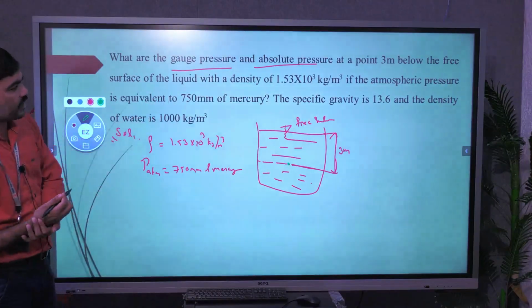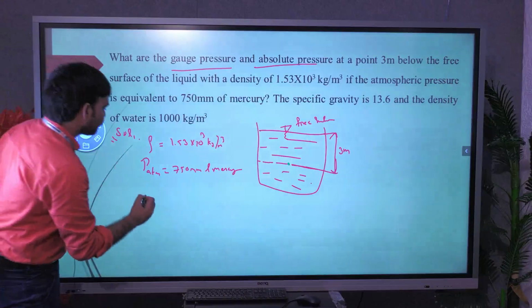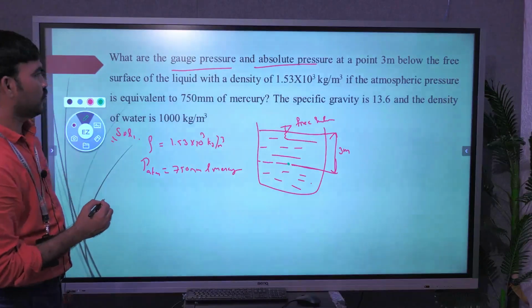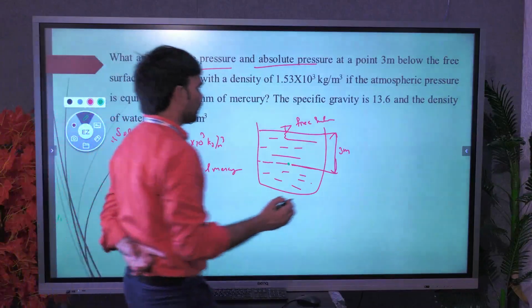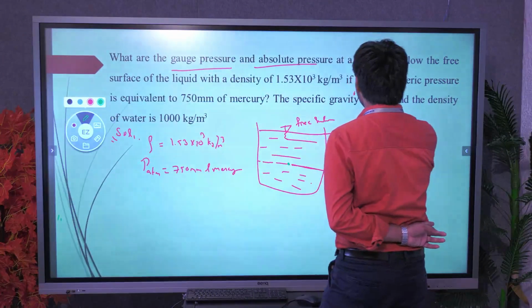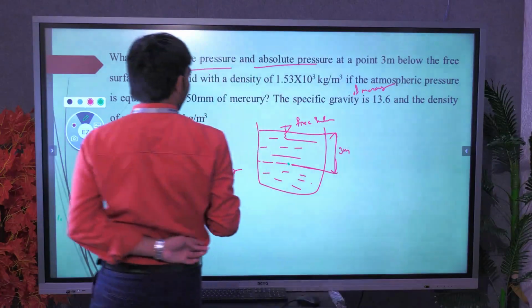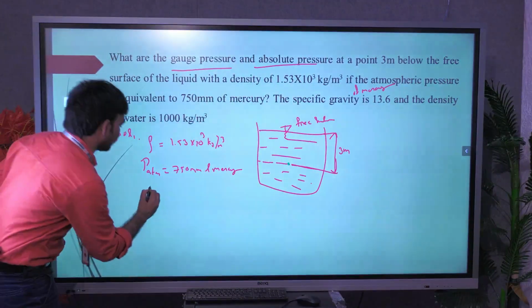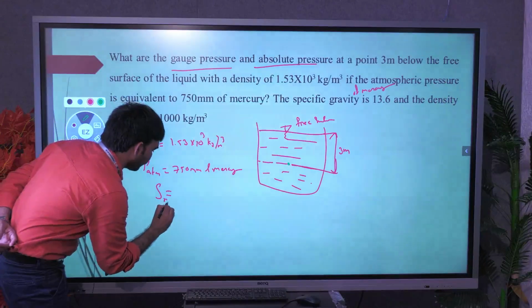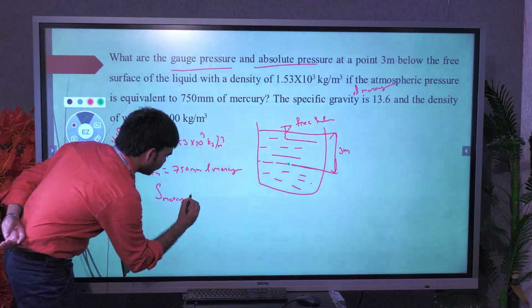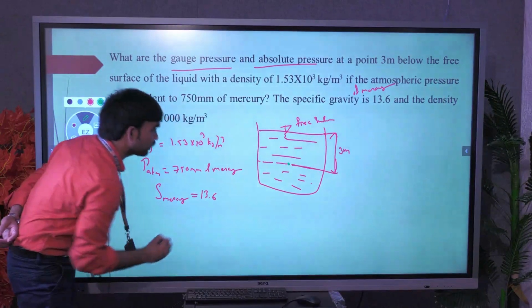And also another data is given as specific gravity. I think there is one term missing. The specific gravity of mercury is 13.6. So S of mercury is 13.6.